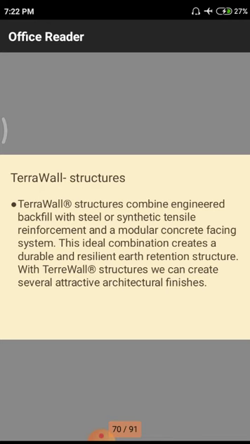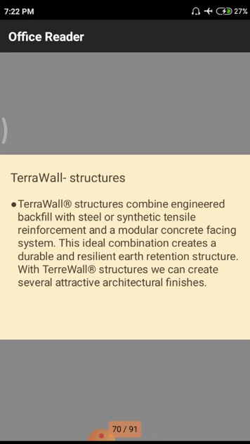Normally for backfill work and construction work, we have some quantity of earth material, but in case of this reinforced earth, we have some reinforcement to strengthen the soil. Especially in these terra wall structures, we are using a normal steel or a synthetic steel reinforcement.